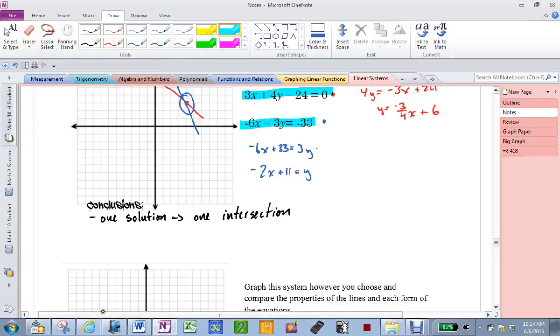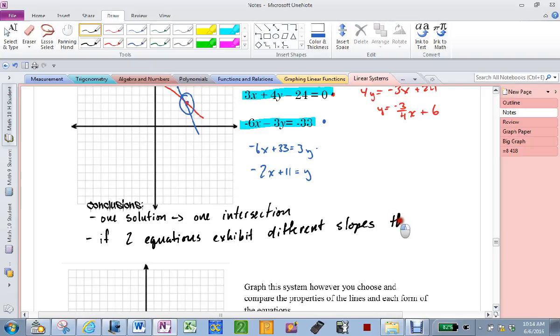So what is the conclusion we can come to? If two equations exhibit different slopes, there's one solution. Makes sense, right? If there's different slopes, they're going to have to cross, yeah?